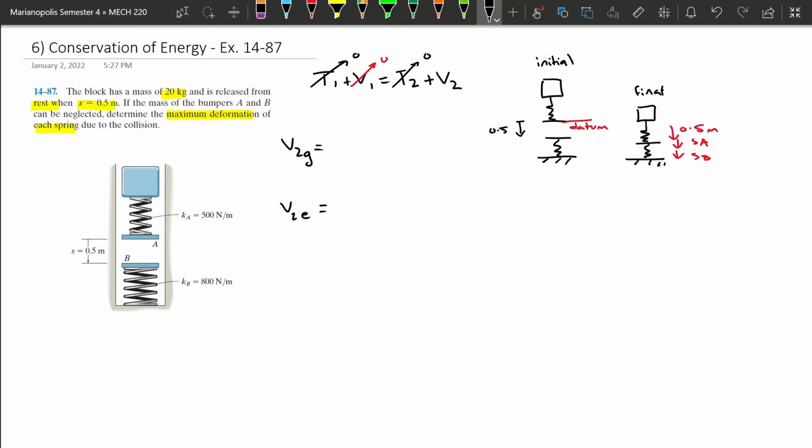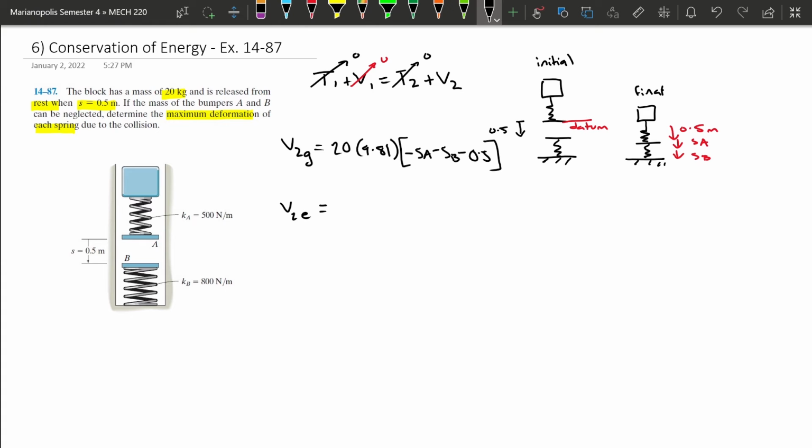Our V2 due to gravity is just the mass times the gravitational acceleration, multiplied by our total distance, which is minus SA minus SB minus 0.5. Why am I writing negatives here? It's because we're losing gravitational energy. We're going from a higher position to a lower potential energy. So that's why it's negative here.